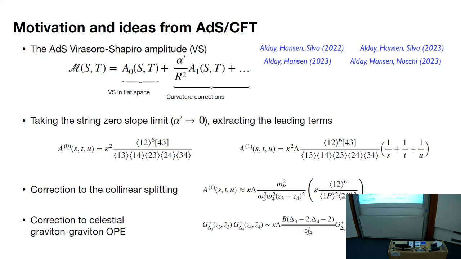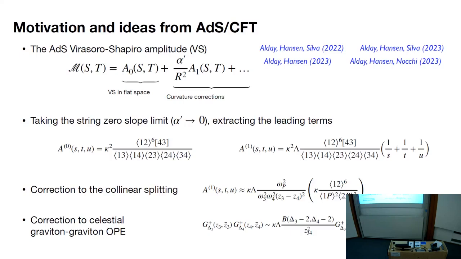So people have constructed the so-called AdS Virasoro-Shapiro amplitudes, where in the flat space limit, they recover the Virasoro-Shapiro amplitudes in flat space. And they can also compute the curvature corrections to these amplitudes.